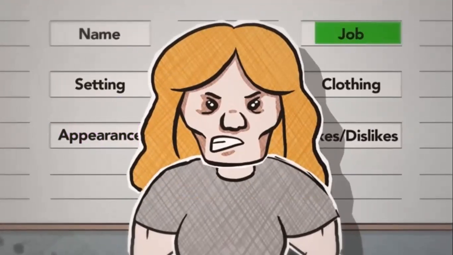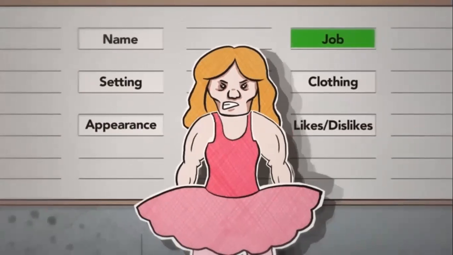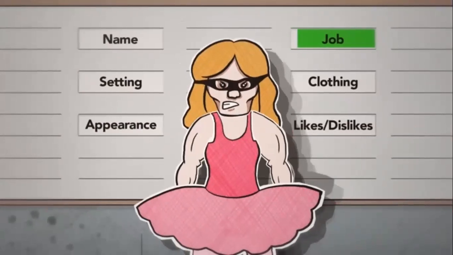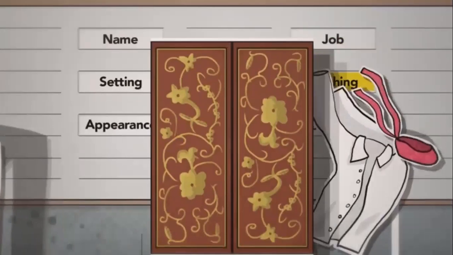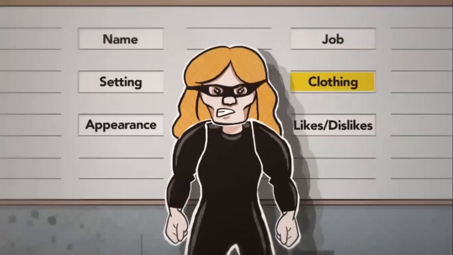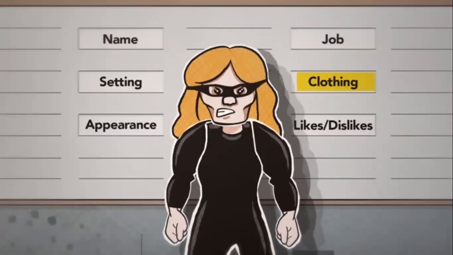What is it that this character actually does? Maybe a ballet dancer? Not with muscles like those. I think she would make a great bank robber. Now, what a character wears can reflect what they get up to in your story. She's dressed from top to toe in stretchy black material that clings to her menacing muscles.